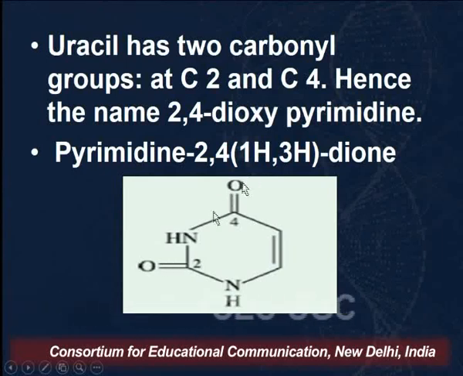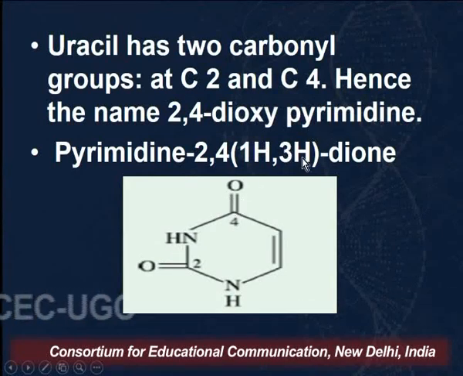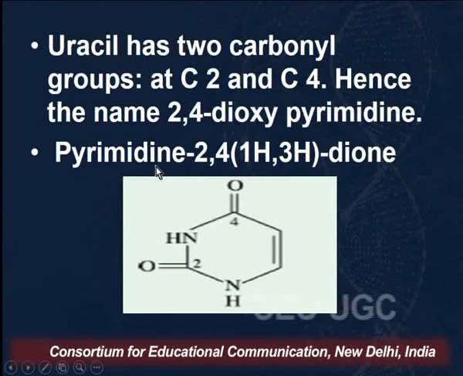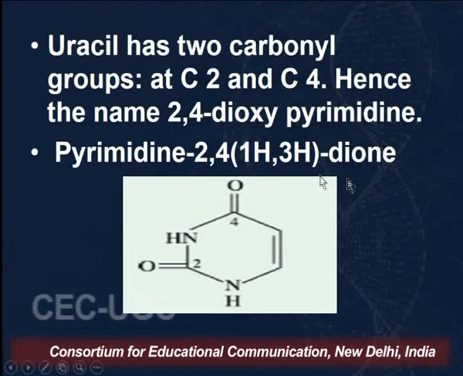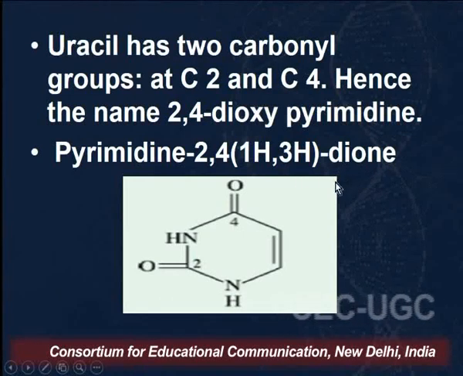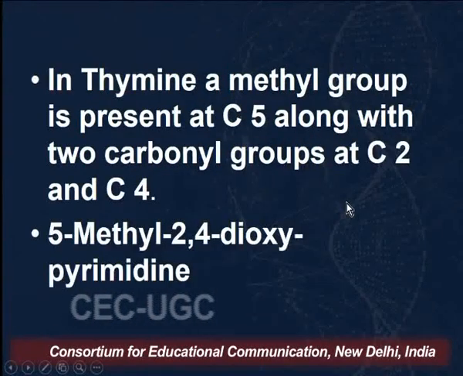And the IUPAC name would be pyrimidine 2,4-dione. That is, at the second and the fourth position, we have ketonic groups. We are taking the suffix, di indicates 2 and one indicates that it has carbonyl groups in it. Now we go on to thymine.